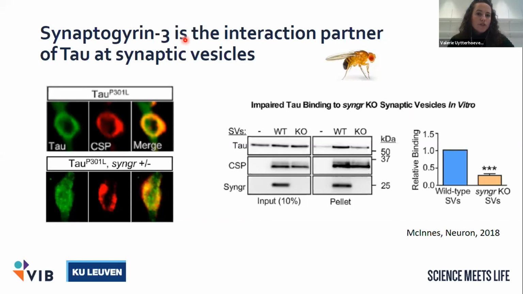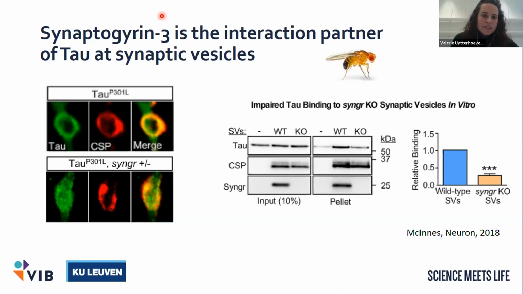We don't know much about synaptogyrin 3 and its interaction partners, because the knockout, for example, of synaptogyrin 3 has no clear phenotype. You have to knock out other synaptogyrins and synaptophysins to eventually see an effect on the synaptic function. But we know now that synaptogyrin 3 can interact with tau.